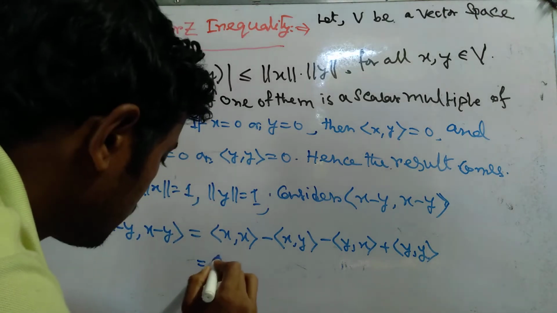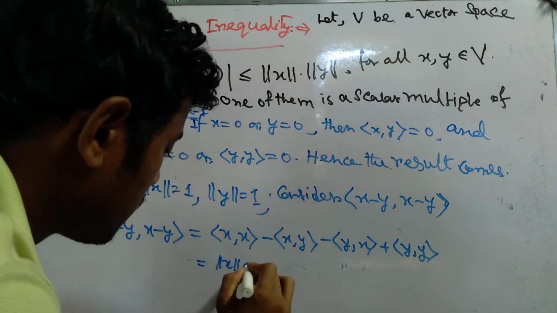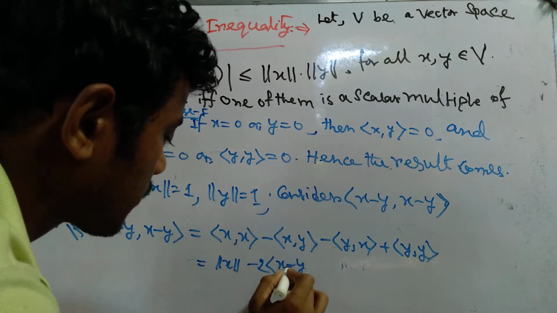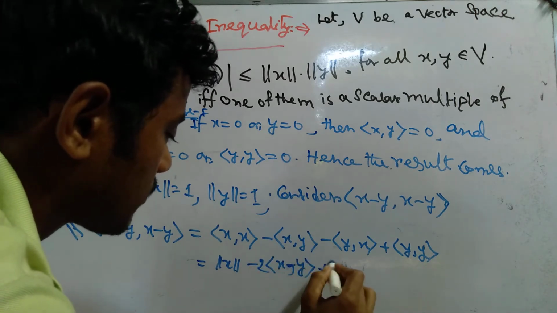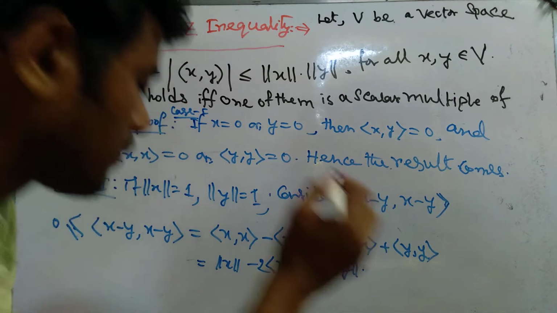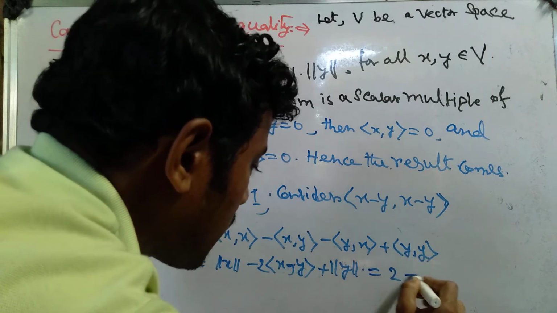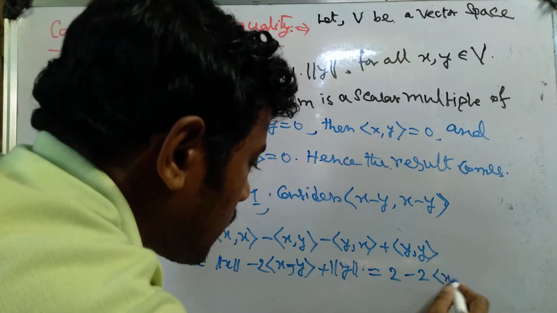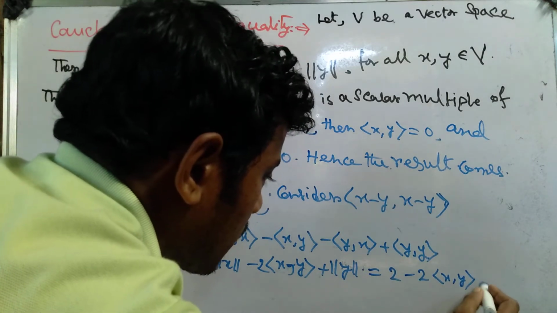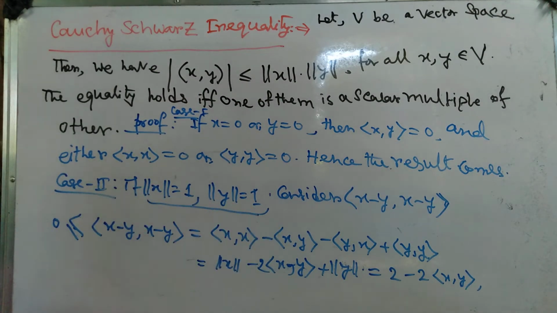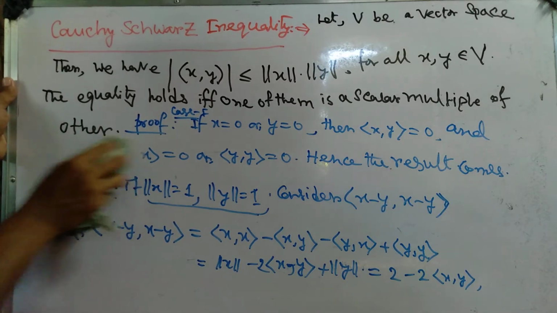This equals norm x squared minus 2xy plus norm y squared. This equals 2 minus 2 times the inner product of x and y, since the norms of x and y are 1. So we erase this portion and go to the next step.